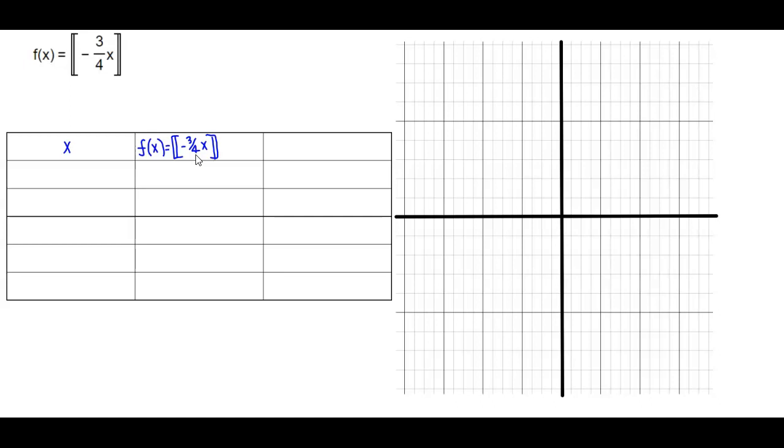Remember that what we're getting is an ordered pair of x and then f of x. Our goal is to find values of x that we can plug into this greatest integer function, and then determine what our integer is.